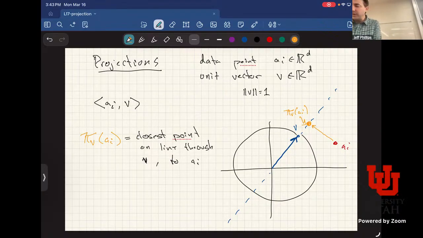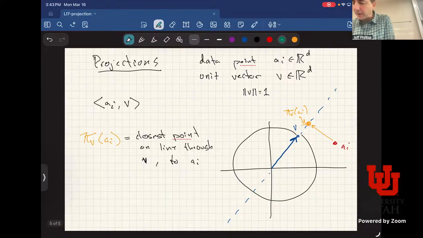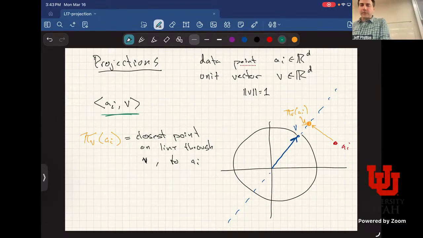The nice thing is that we can derive what this point is using the dot product. In particular, the distance from the origin, the length along this vector to that point, is going to be exactly a_i dot v.